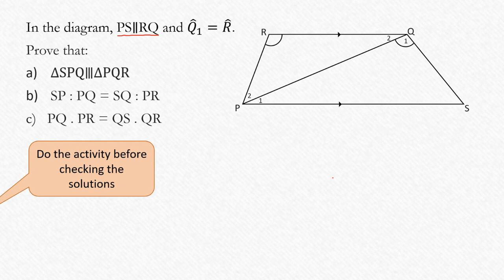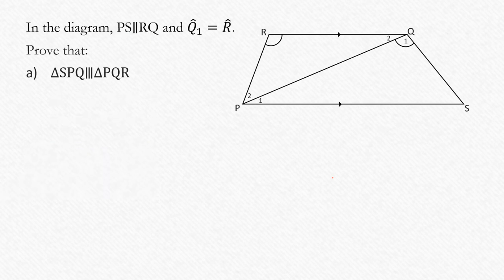Remember, we have to match the angles. Let me just write here, match angles. We are not saying they are equal, but according to the statement, they have to be equal. Then we'll say they are equal once we have proved that.